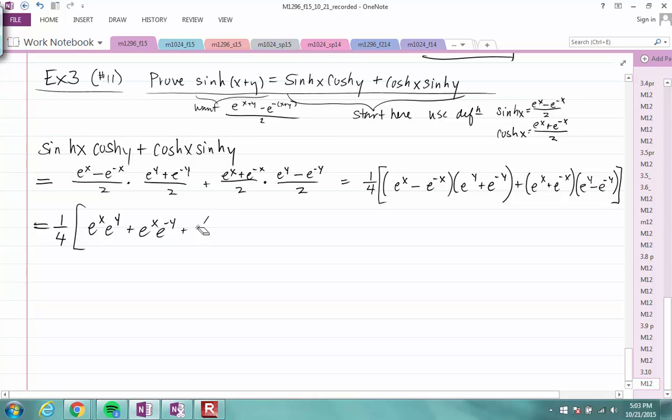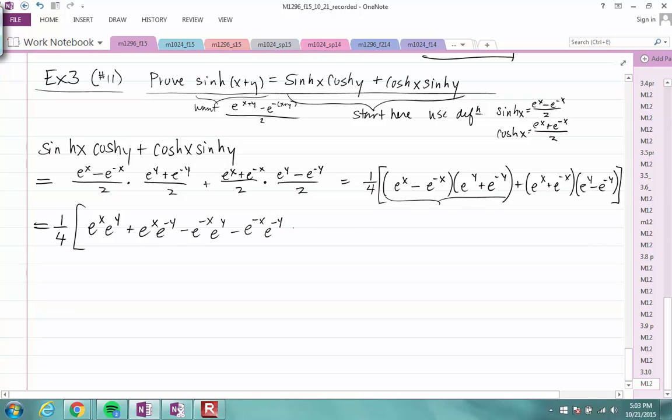Then we're going to have plus e to the x. Wait, I'm moving on to the other term. So it's going to be minus e to the negative x times e to the y. And then it's going to be minus e to the negative x times e to the negative y. So that's FOILing out the first part here.